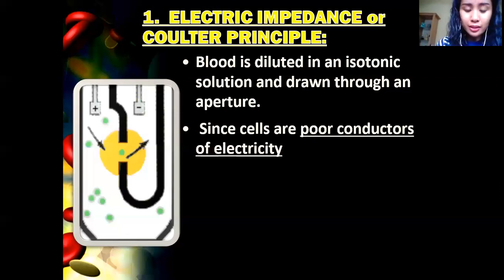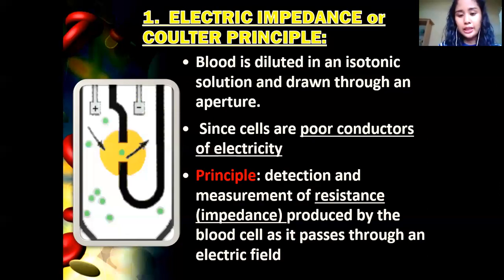The electric field stops, as if there is a pause in it. So the principle is the detection and measurement of resistance produced by the blood cell as it passes through an electric field. When the blood cell passes through, there is a disturbance, an impedance or resistance, in the electric field.